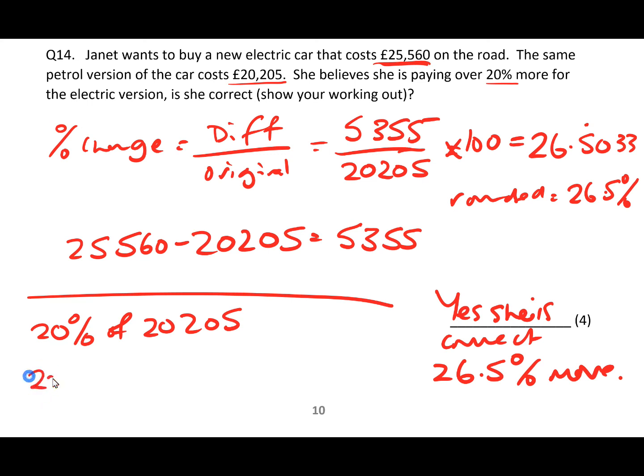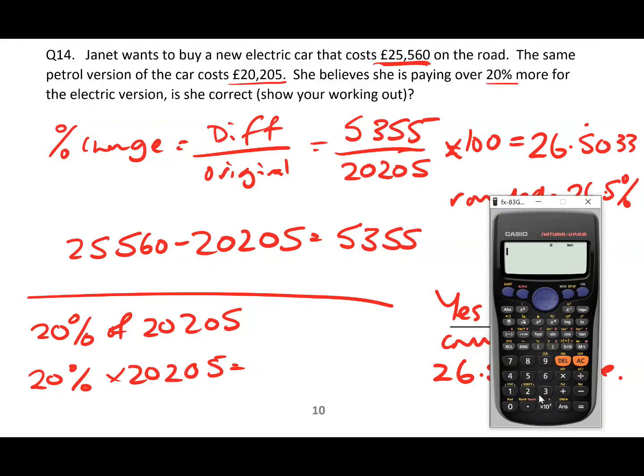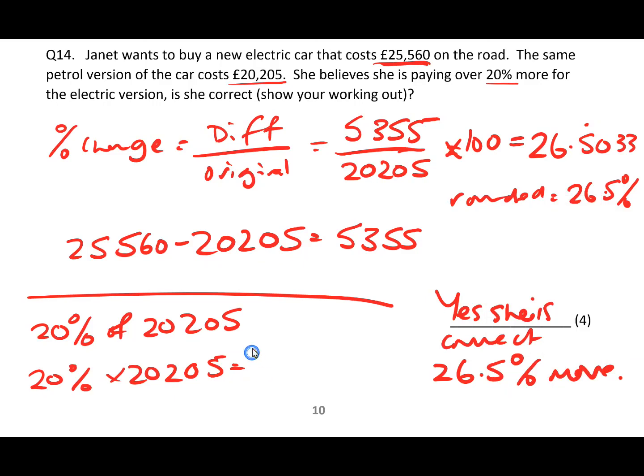So on your calculator, so that's 4,041. Add it to your original price.